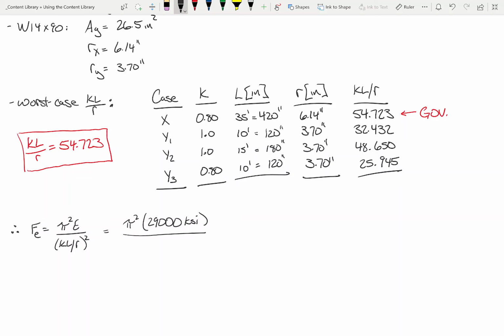Yep. Okay, so what I'm essentially trying to compare is this term and this term. Okay, and what I'm saying is that KL over R in this case is less than that. And so if it's less than, what we're dealing with is inelastic buckling.